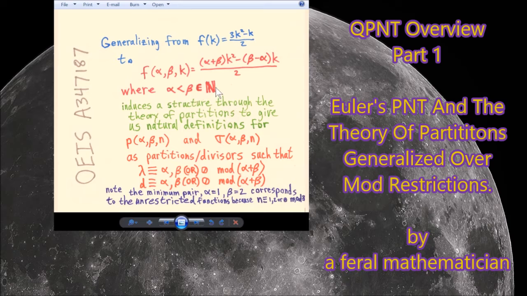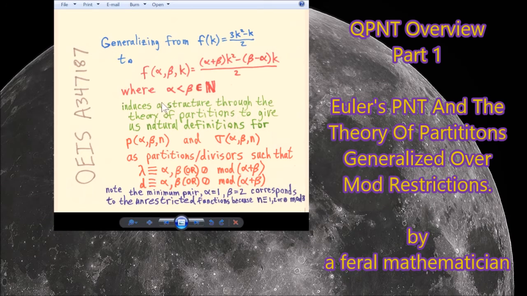We're not considering that at the moment. So alpha must be at least 1, beta must be at least 2. And then taking this, inserting it into Euler's pentagonal number theorem, that creates the quadratic polynomial number theorem.